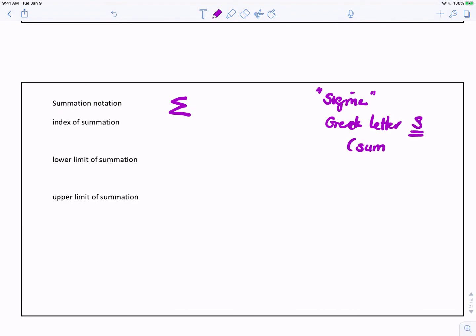So that's the symbol for summation notation. Now, when you have a summation notation, there will be something called the index of summation, often the letter k, but we can use any letter we want, a lower limit, which tells us where to start, and then an upper limit, which tells us where to stop.